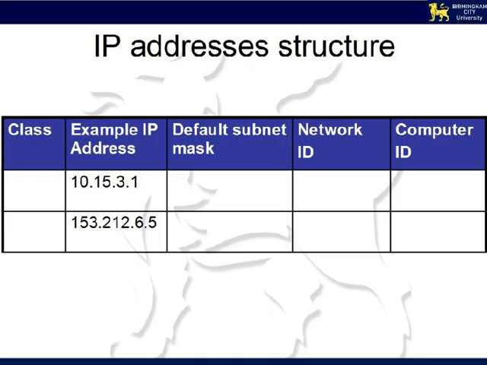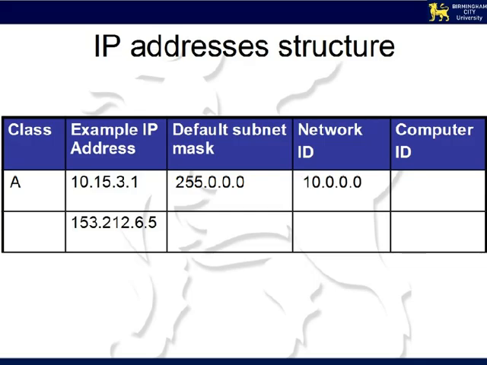The first example, 10.15.3.1. This is a class A IP address because the first octet has a value of 10, which is between 1 and 127, making it class A. This means the default subnet mask is 255.0.0.0.